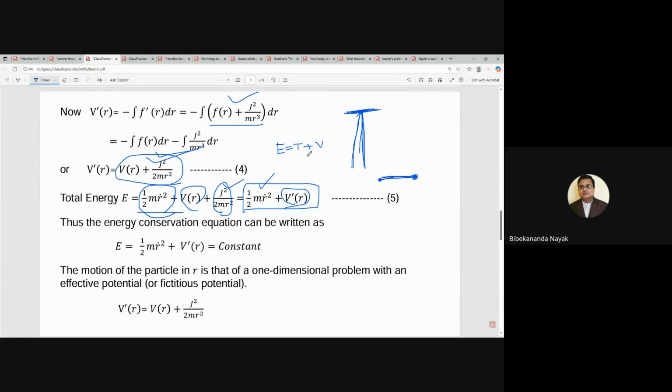Kinetic energy is half m v square, so small v is 0, and this is potential. So if v is 0, total energy becomes what? Potential energy, m g h. Yes, total energy becomes potential energy.